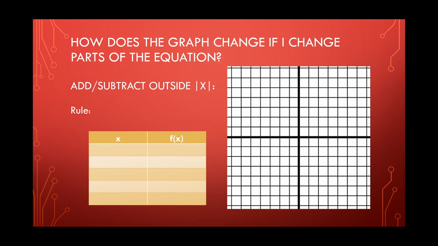Okay, now we're going to talk about the adding portion. What happens if I add on the outside of the absolute values? What did we say? What happens if I move that K value? It moved up and down on that y-axis. I'm only going to do one thing at a time.